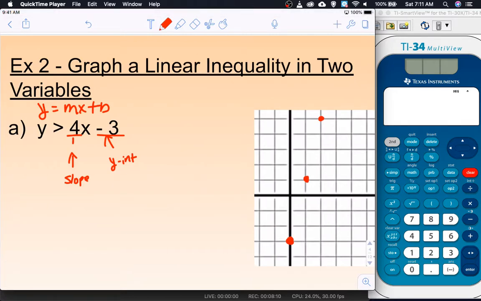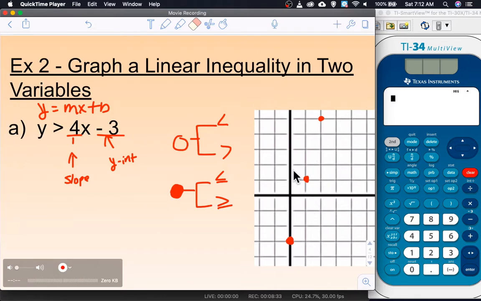Do you remember how with an inequality, you have a hollow dot and a solid dot? You get that one from a less than or a greater than. The solid dot came from a less than or equal to, greater than or equal to. Well, when you're talking about a linear inequality like this on a coordinate graph, we don't have dots that would be hollow or solid. We have lines.